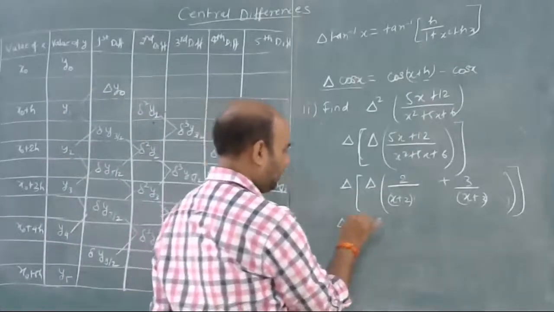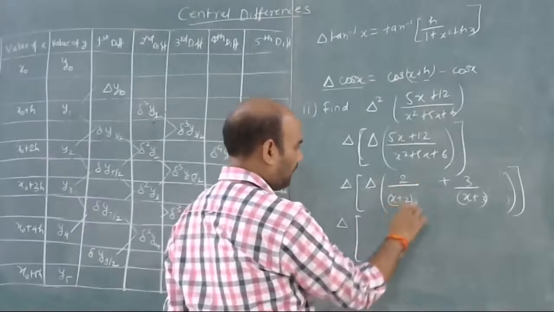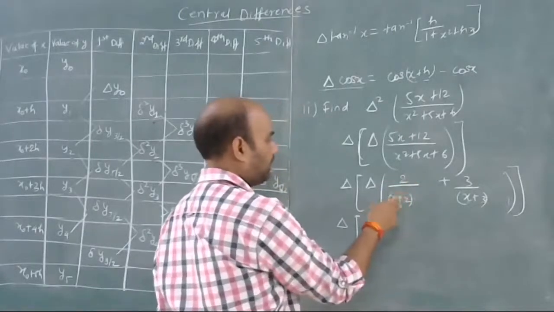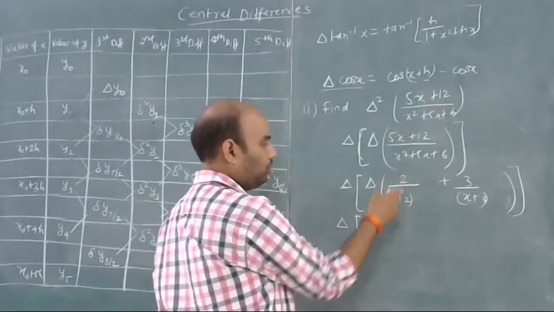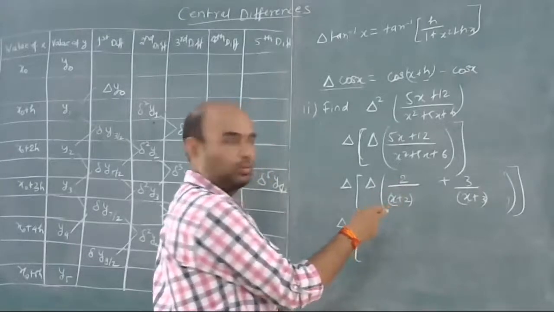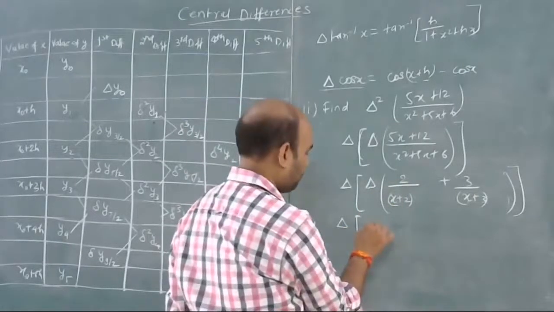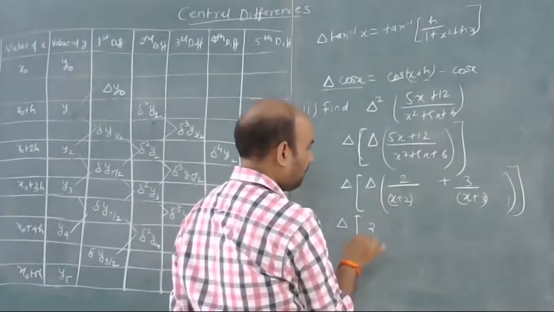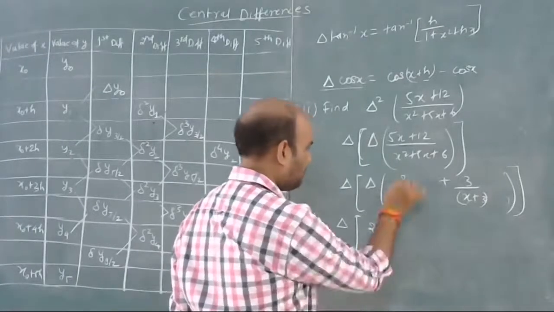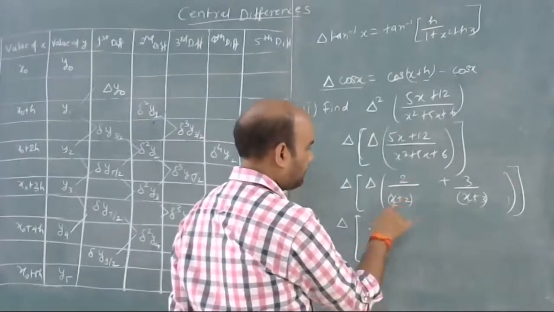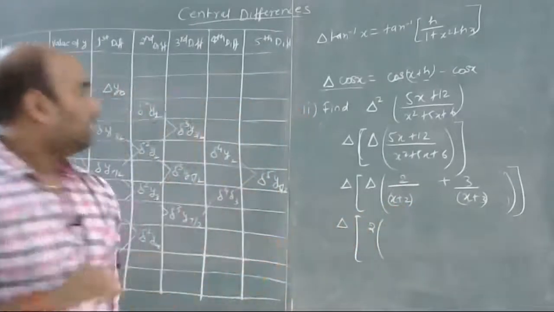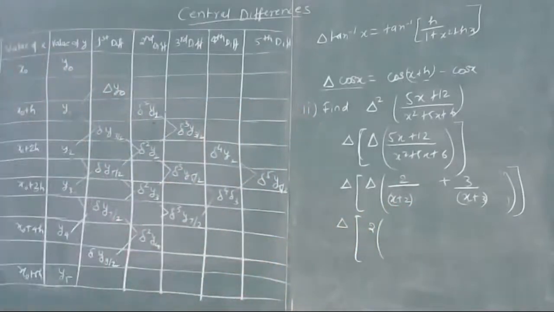So this will be easy to calculate. So this will be del. So we have to do the increment. We have to find the difference of 2 by x plus 2. So this will be equal to 2 taken out, and this will be the difference of 1 upon x plus 2, the interval of differencing being unity.